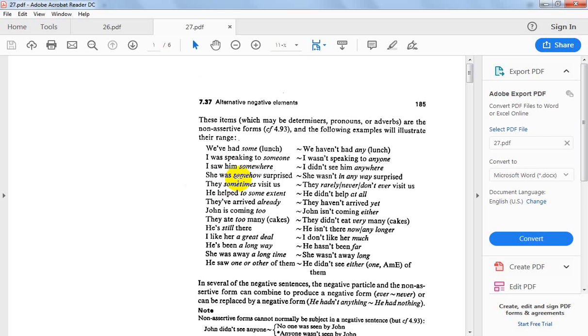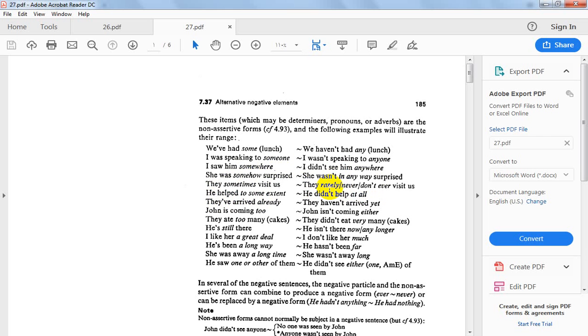She was somehow surprised. She wasn't in any way. هذه somehow becomes in any way. They sometimes visit us.